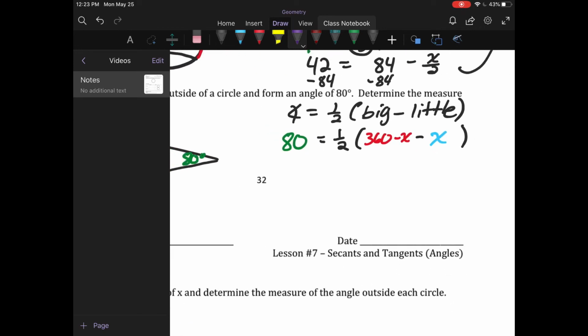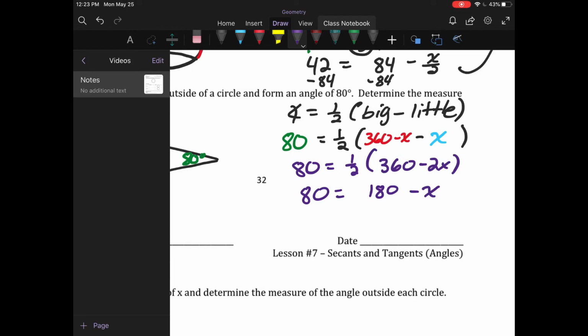So if we look at the parentheses here, we can do 360 minus 2x now. And we've got the 1/2 and the 80. Okay, and I'm going to do the same thing I did before and distribute the 1/2. So half of 360 is going to be 180, and half of negative 2x is going to be negative 1x.